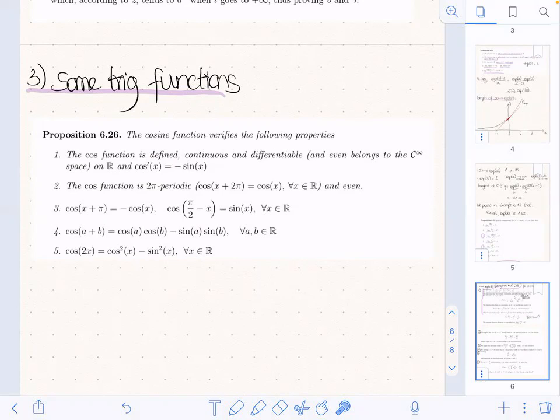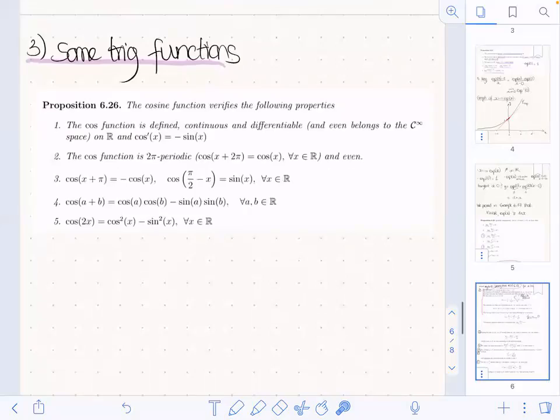So these properties are really useful to know. And again, like the limits that we mentioned, you can just use these properties when you know them. In particular, they relate different shifts in cosine to trig functions. So those are some properties.